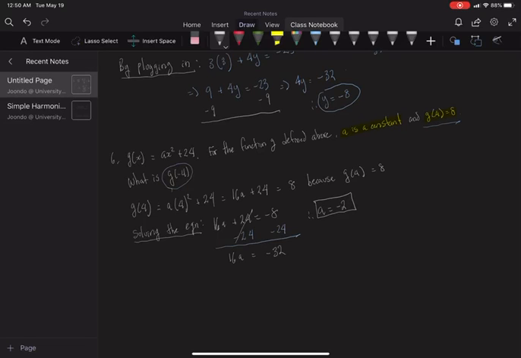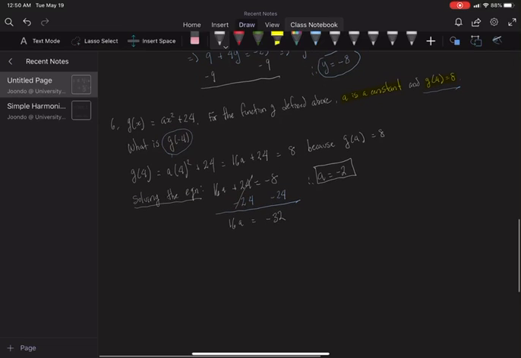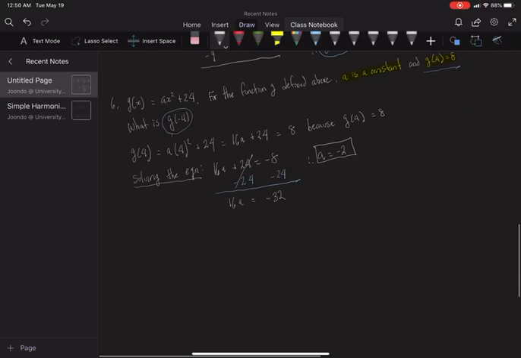If a is minus 2, then we know that g of x is equal to minus 2x squared plus 24, right?